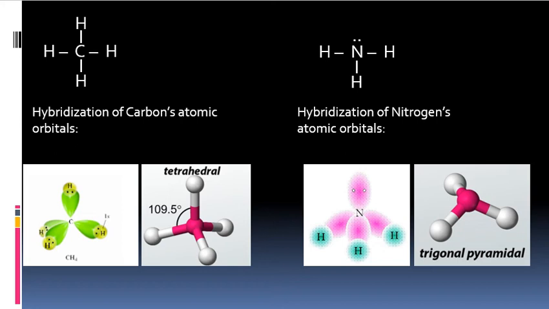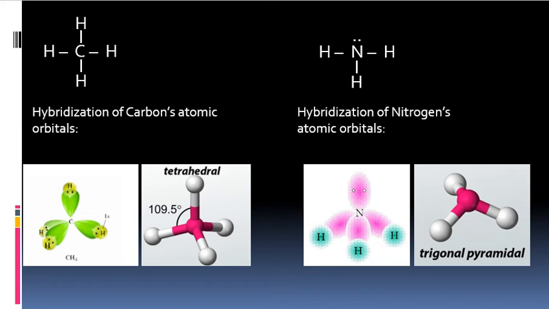Those sp3 hybrid orbitals on carbon are going to overlap partially with the 1s orbitals on each hydrogen. And where they overlap is where you will see their bonding electrons localized. And those hydrogens are going to repel each other as far apart as possible until each essentially is 109.5 degrees away from each other.